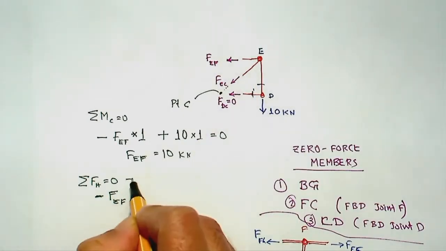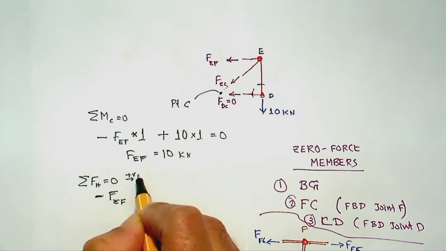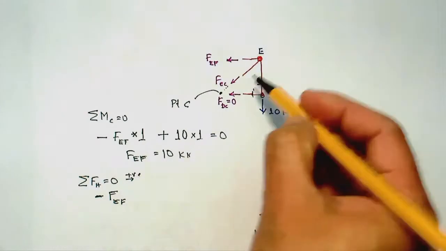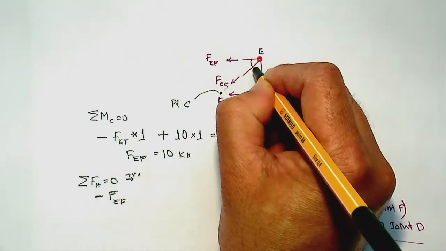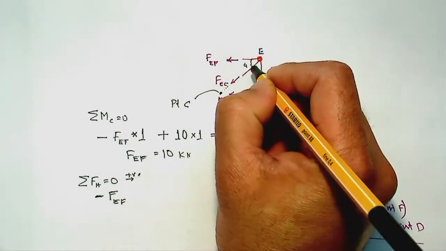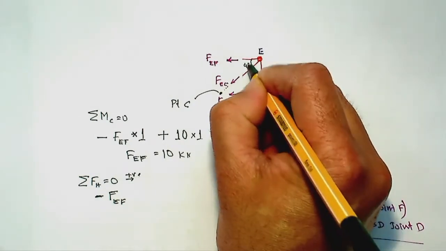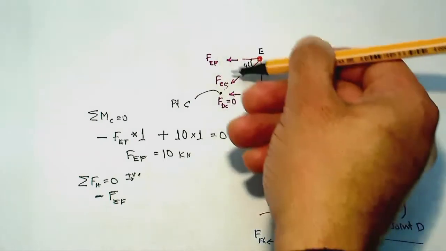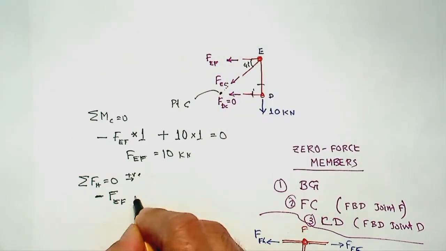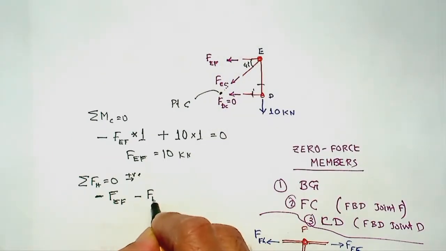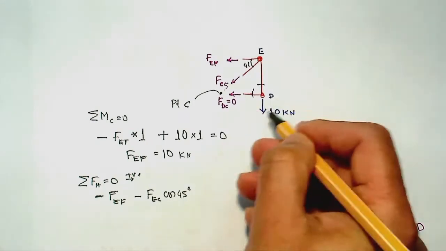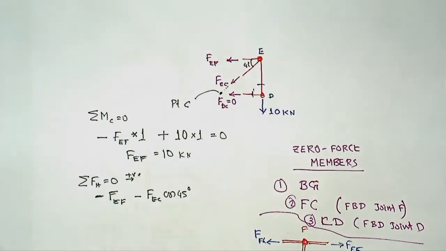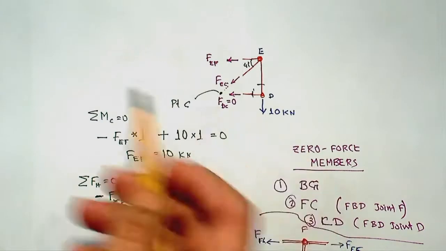So FEF is in this direction, and I am taking this direction of force as positive. And then the component of EC in this direction. If this angle is 45 degrees, as it looks from the diagram, its component along the horizontal direction would be minus FEC cosine 45 degrees. The other two forces will have no component in the horizontal direction.